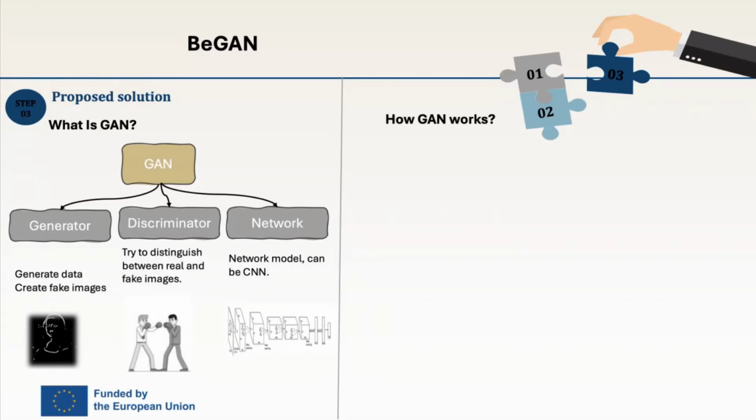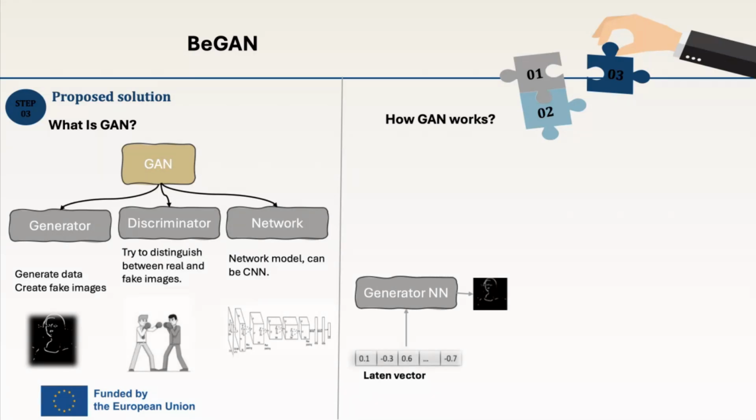Now let's see how a GAN works in training. For the generator part, it starts from noise or a latent vector, and this vector gives us noise images.